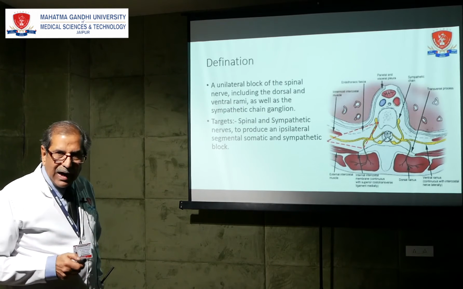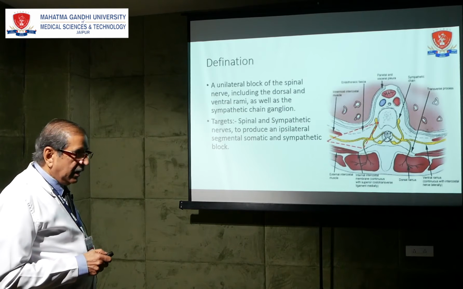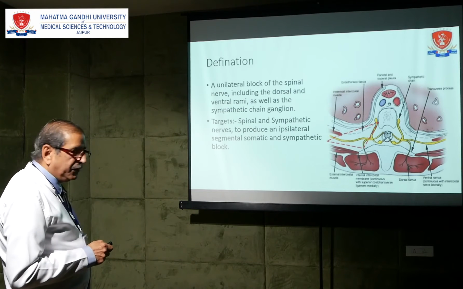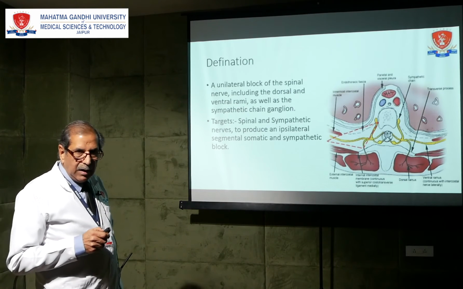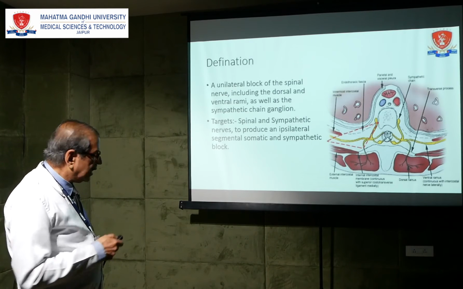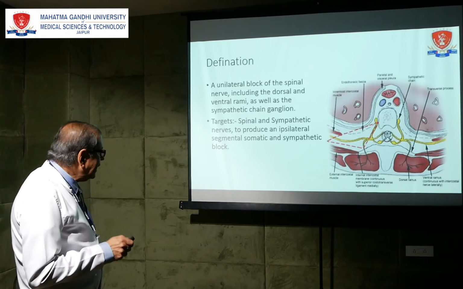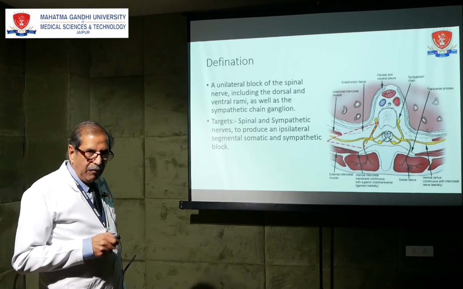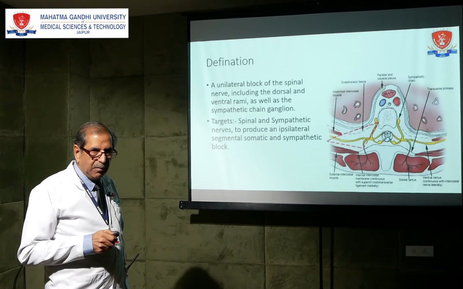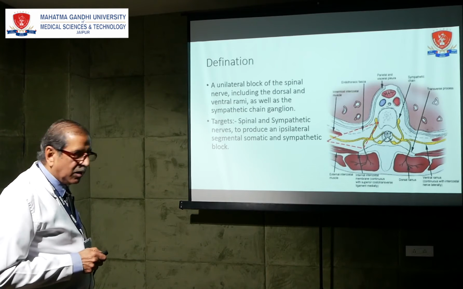All these blocks are technically paravertebral block, but in thoracic region the paravertebral space is very well defined. I will let you know in the coming slides. It is very well defined, and unless specified, when you are mentioned about paravertebral block, it means thoracic paravertebral block.